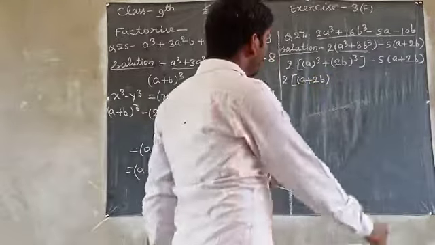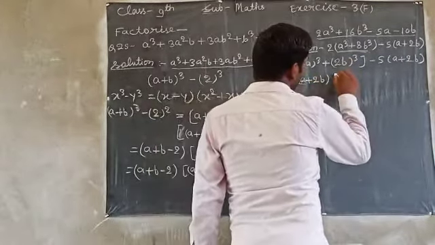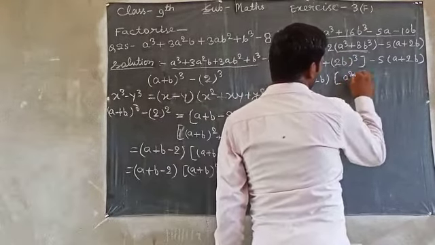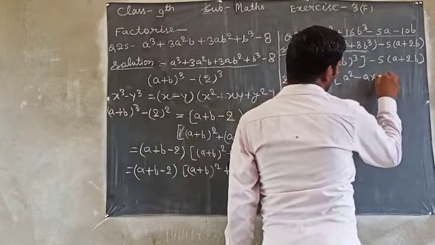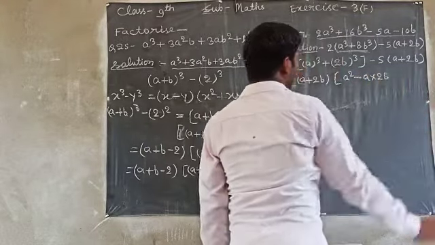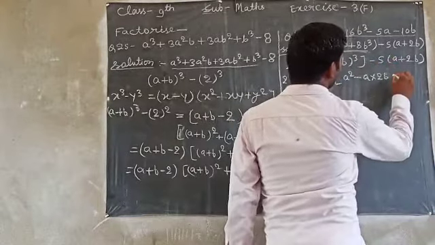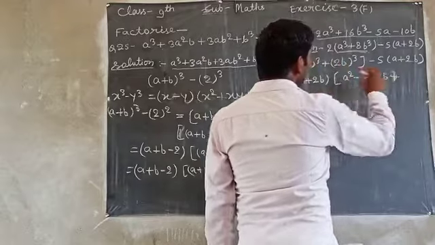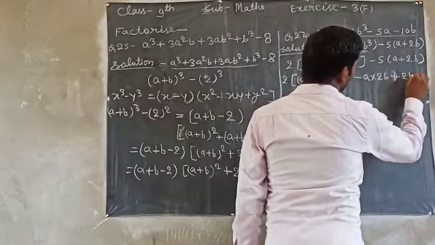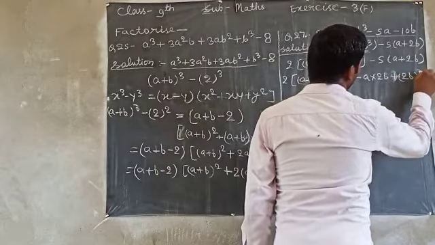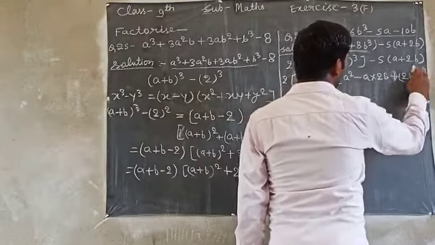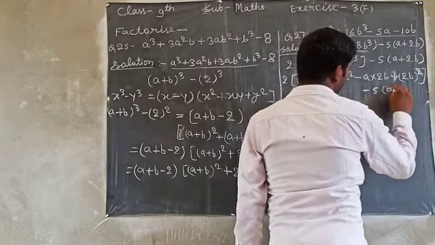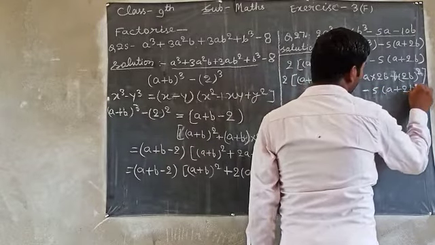and the other one: a square minus a into 2b plus b square, which means (2b) whole square, and here minus 5 (a plus 2b).